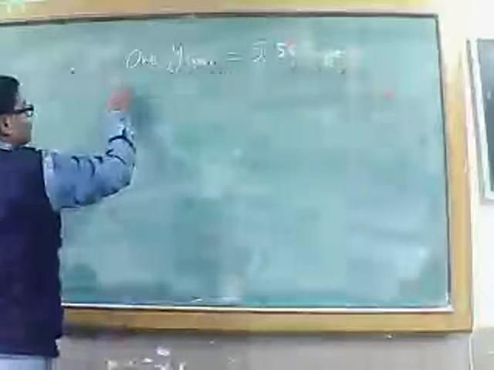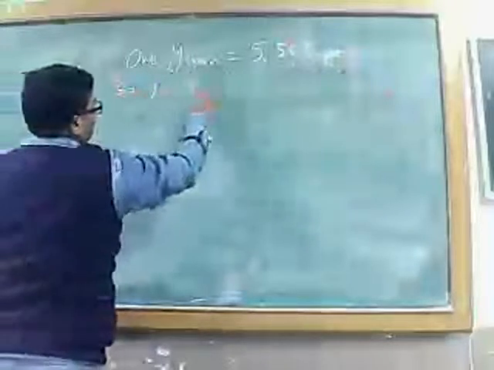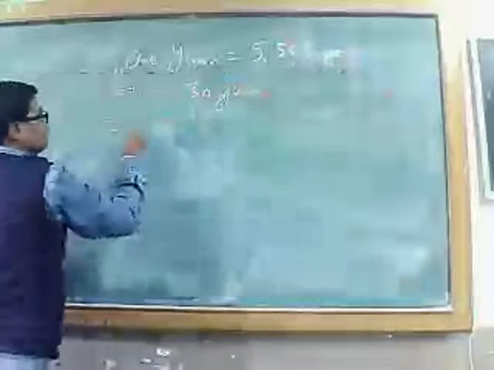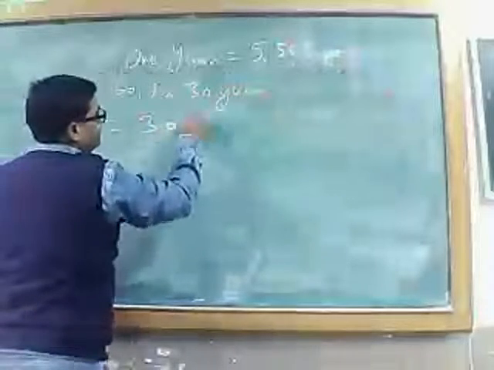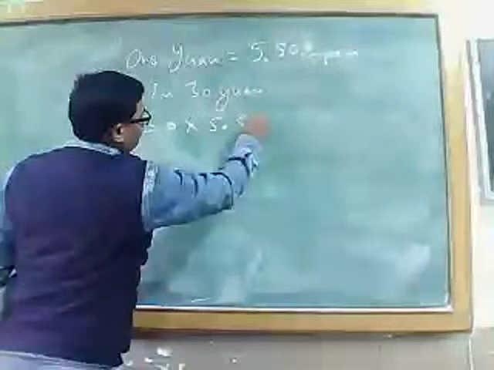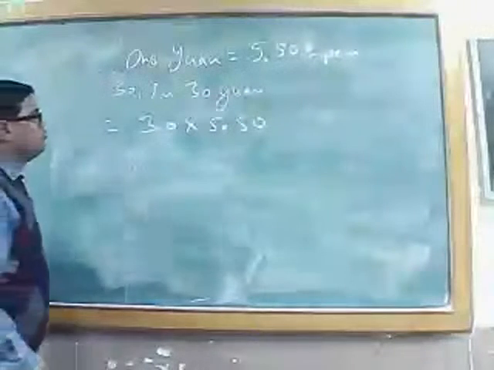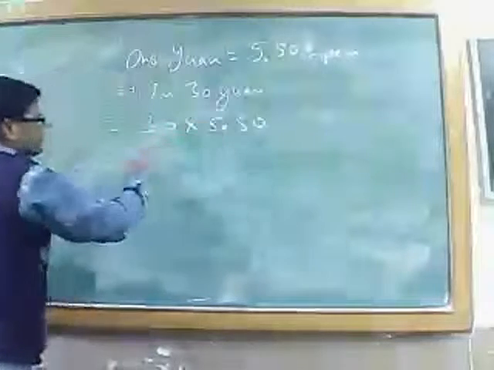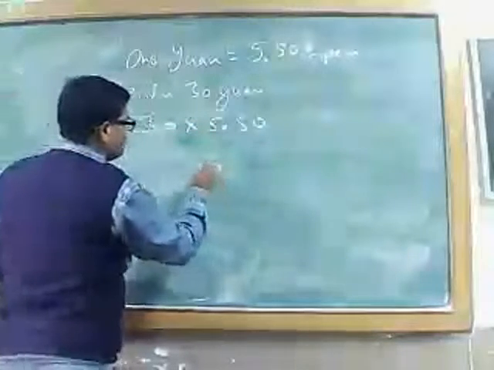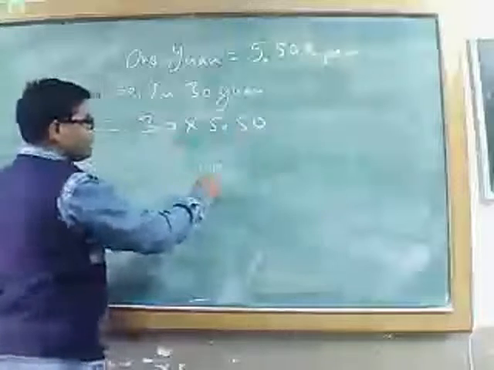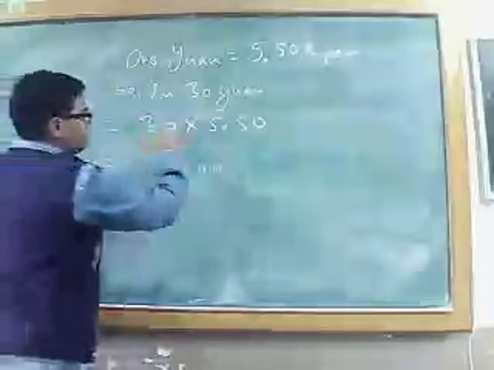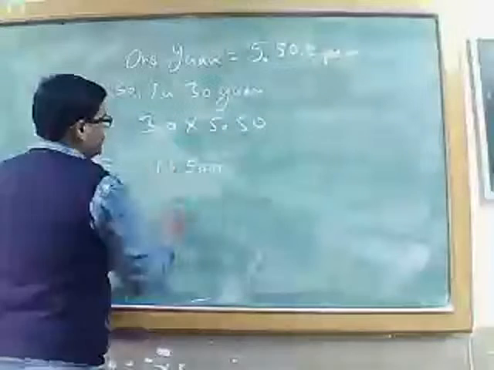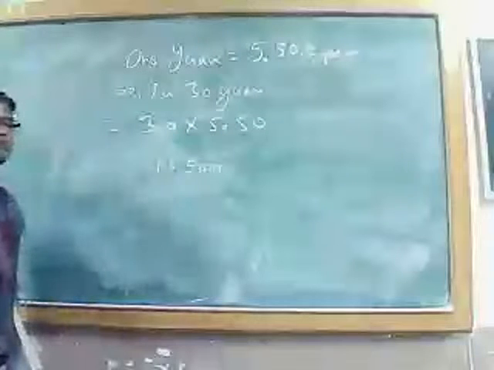Okay, so in 30 yuan is equal to 30 multiplied by 5.50. To find out the final answer, we have to multiply these two. So we have two zeros, one is here, one is here, so we have directly written two zeros here. 5 3s are 15, 5, 1 will be carry over. Once again we will check the calculation.